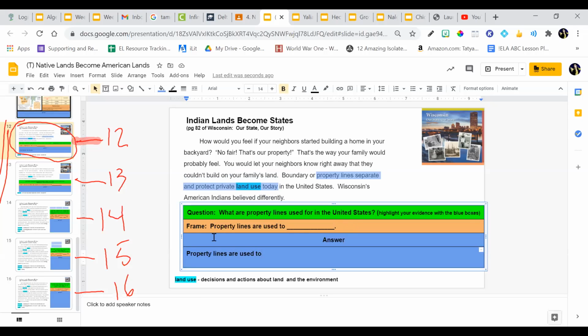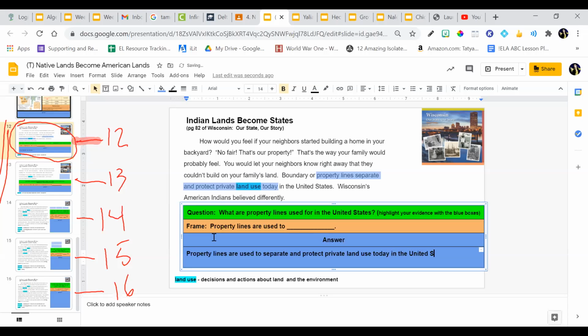Based on the evidence I just highlighted, everybody should be looking at my screen. Somebody unmute and tell me what property lines are used to do. Separate and protect private land use today. And I could add in the United States if I want to add that part.